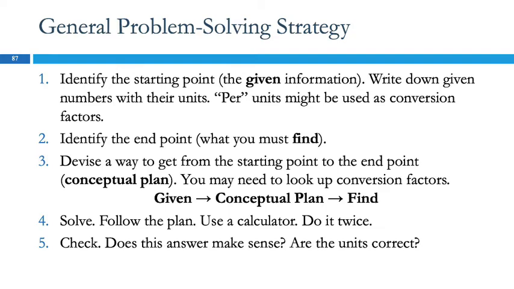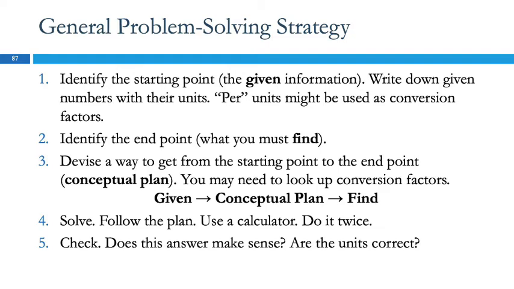This is the general strategy. So you start with what you're given, right? Write down the numbers and the units. Sometimes you'll have units that have the word per in them, like grams per milliliter. That should make you think, you know what, that might be a conversion factor.